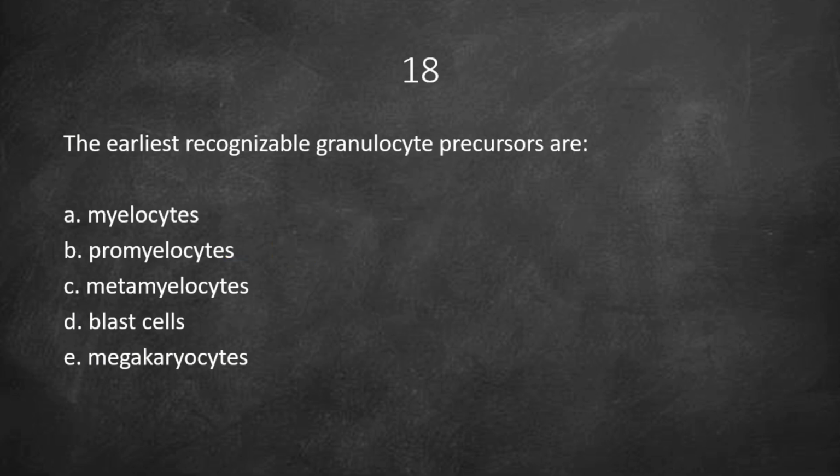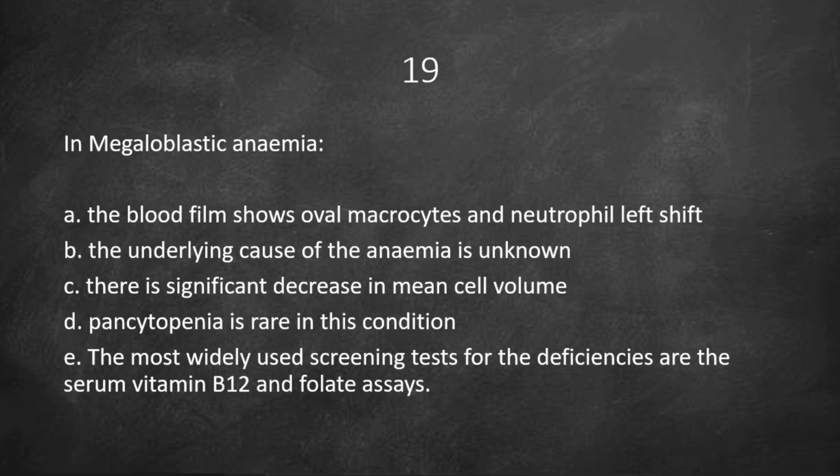Question 18. It says that the earliest recognizable granulocyte precursors are A. Myelocytes, B. Promyelocytes, C. Metamyelocytes, D. Blast cells, and then E. Megakaryocytes. So the correct answer here is promyelocytes. Okay. Question 19. It says that in megaloblastic anemia, A. The blood film shows oval macrocytes and neutrophil left shift.